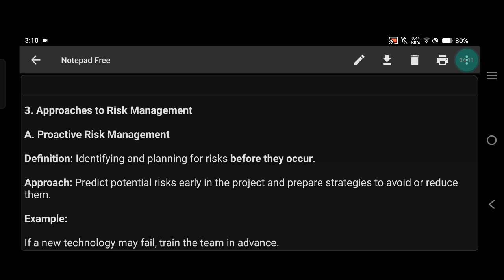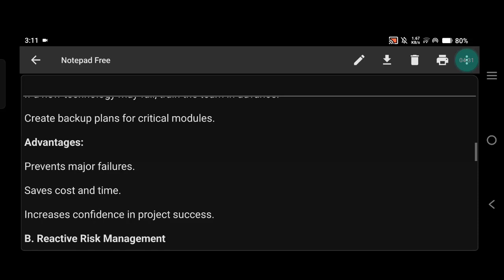For example, if we think a new technology may fail, we train the team in advance or we create backup plans for critical project parts. Okay, and advantages of proactive management are, first one is it prevents major failures. Okay, it saves cost and time and it increases the chances of project success.